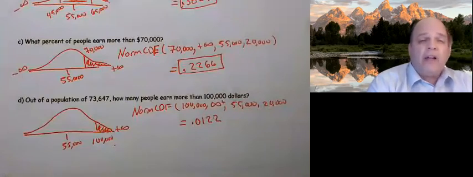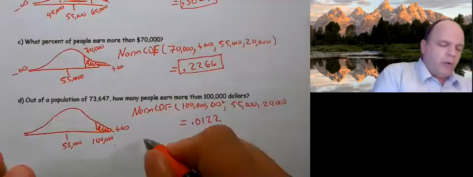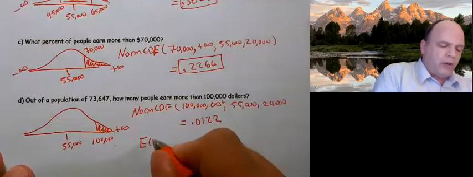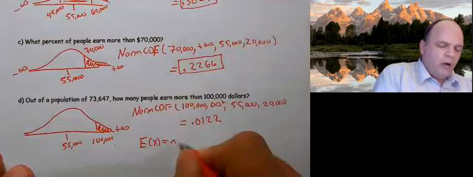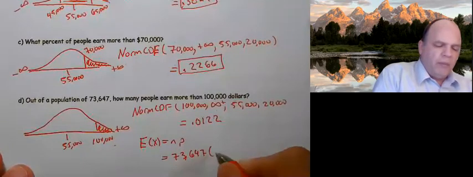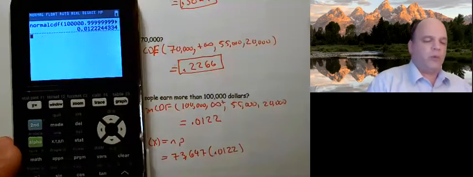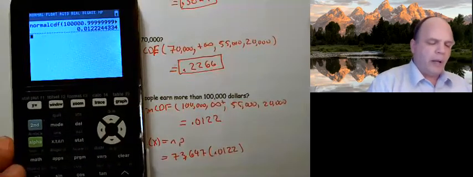But out of 73,647, how many earn that? So now we're looking for how many you expect to earn, which is np, which in this case is 73,647 times 0.0122. I'm just going to use the numbers in the calculator, so please don't truncate and write down exactly what I put in, times 73,647.